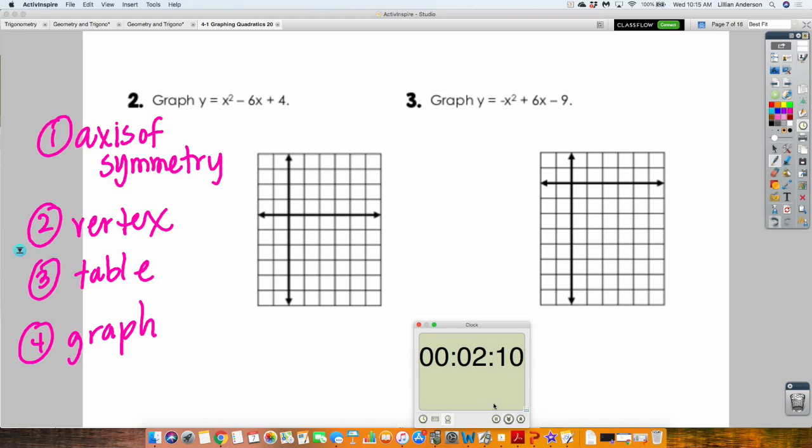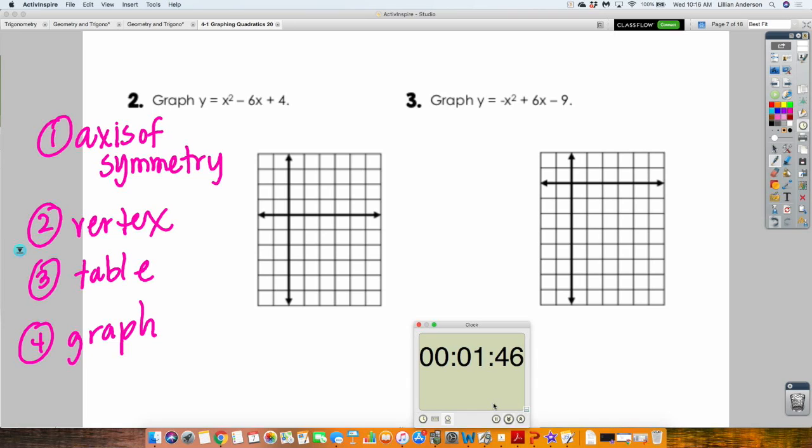For those who plugged in 2, did you get -4? And if I plug in 1, I should get -1. Did you get -1? Yes. And for those who plugged in 0, you should have gotten +4. So this is my graph of my parabola.